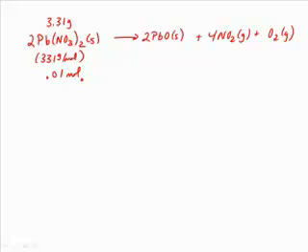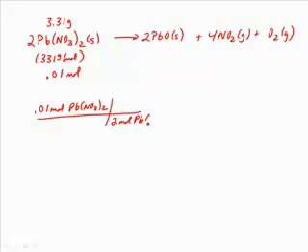Okay, then now let's find out how many moles of gas will be generated, because here all we care about is the gas, because that's what's going to cause the pressure in the container. Alright, so I have 0.01 moles of lead nitrate, 2 moles of lead nitrate to 4 moles of NO2, so 0.02 moles of NO2.